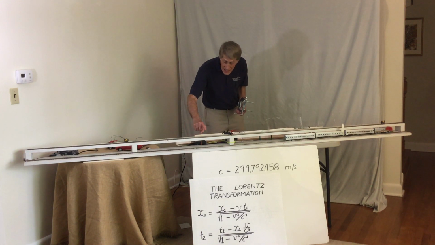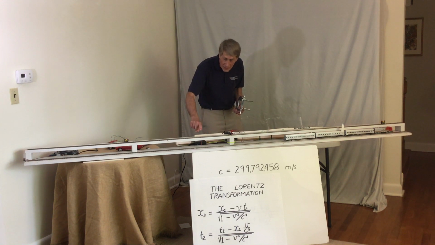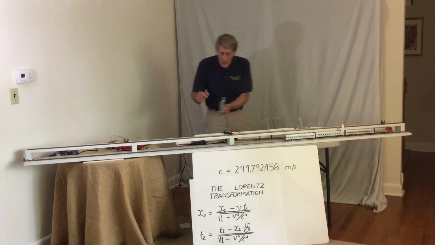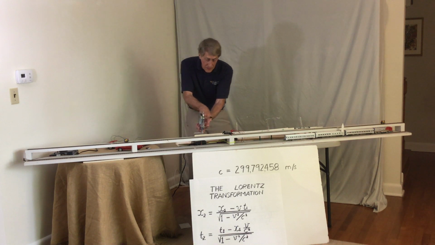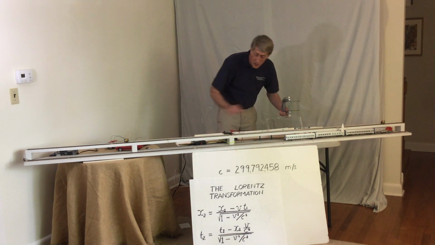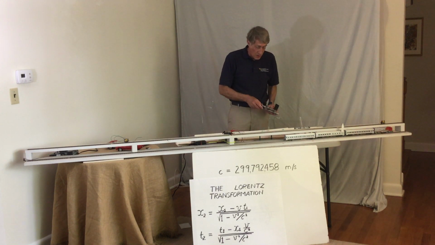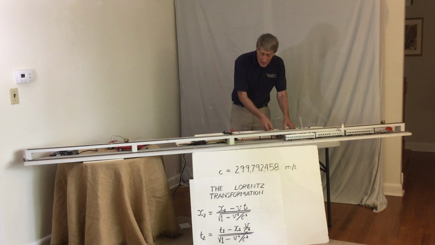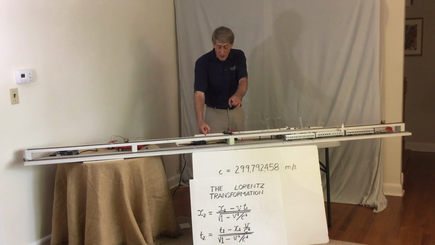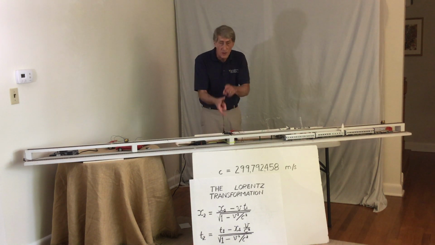What Pat will see is that the light is no longer going up and down, but is going on a diagonal because it's in motion. So look at my finger as it's bouncing back and forth. According to Pat, it's tracing out more of a triangular shape. Because it's a diagonal, that diagonal is longer than the vertical distance.